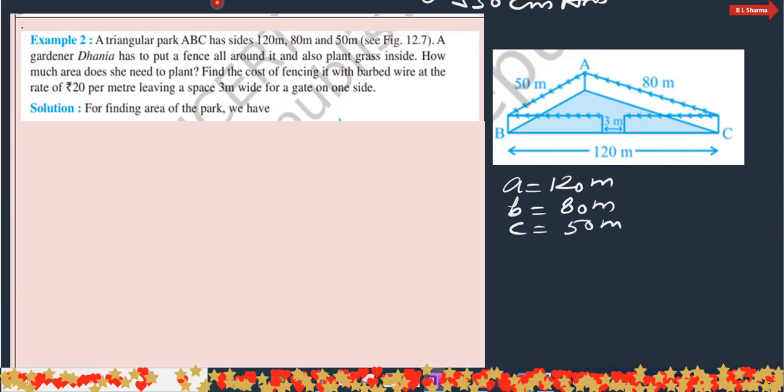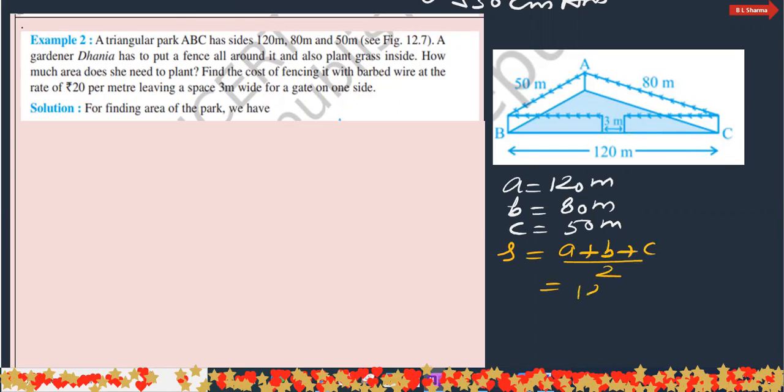Right? जब किसी ट्राइंगल के तीनों साइड्स हमें गिवन हो तो then we can use Heron's formula to calculate the area of the given triangle. And then we need s also. s means semi perimeter. So s is given by a plus b plus c divided by 2.